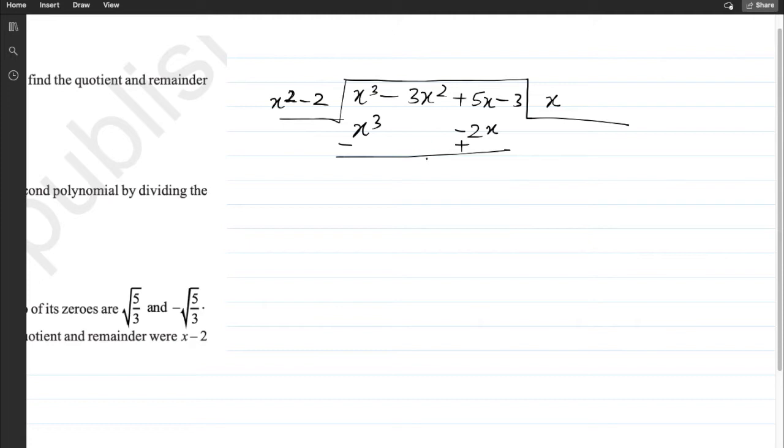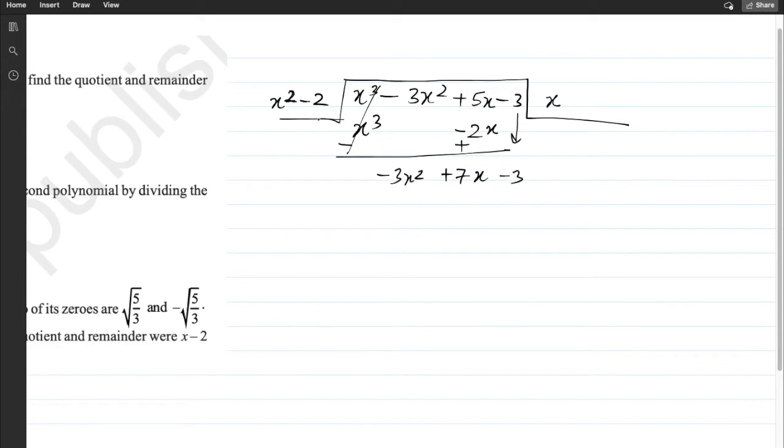Alright, so now x cube minus x cube will cancel out, and the thing remaining will be minus 3x square, and this will turn out to be plus 7x. 5 plus 2 is 7, because this minus sign has been converted to positive, so their sum will be plus 7x, and this will be carried down like this.